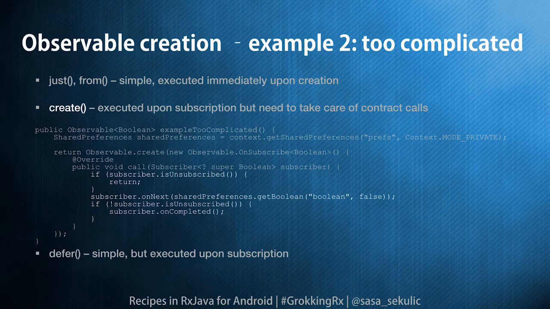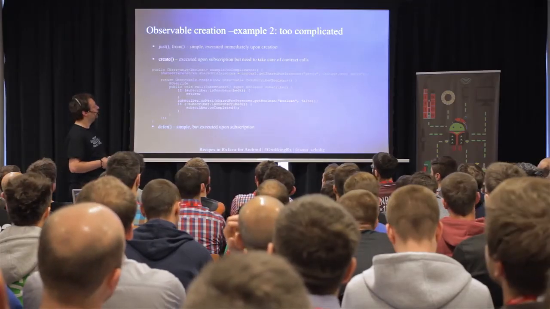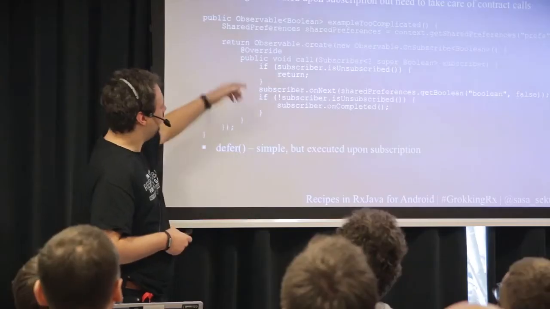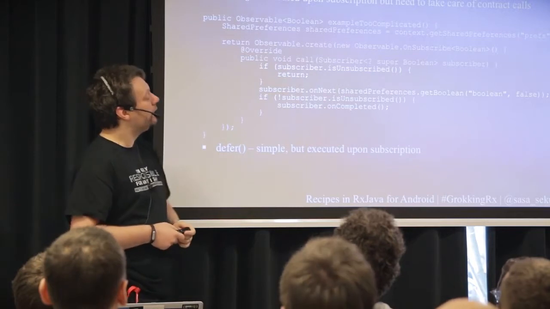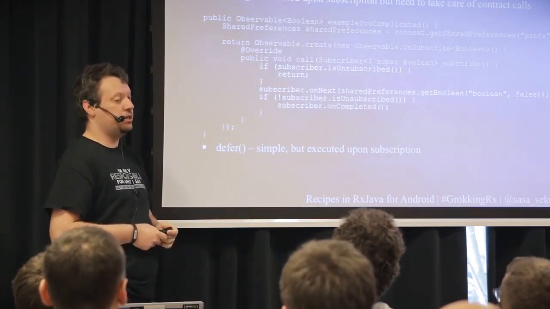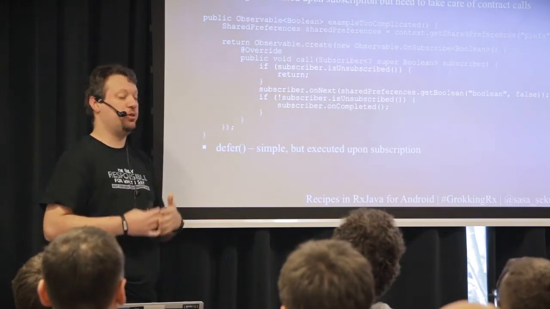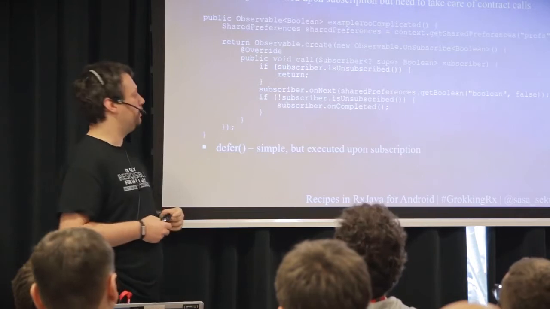So you have create, which, as you can see, is a bit complicated. You also have the subscriber, which I was talking about. The thing with this is that RxJava doesn't provide you with anything when you use create, so you have to think about everything that's there. In this case, I actually copied Ivan's example.